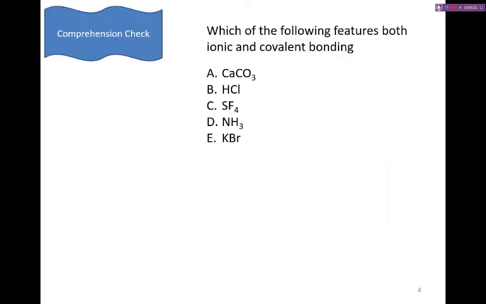So let's do a check here and see if you can figure out what type of bonding would be present. We want to know which of the following features both ionic and covalent bonding. Remember that in order to have ionic bonding, we need metals with nonmetals. For covalent bonding, we need nonmetals only. So when we evaluate these, potassium is a metal, bromine is a nonmetal, so this must have ionic bonding.